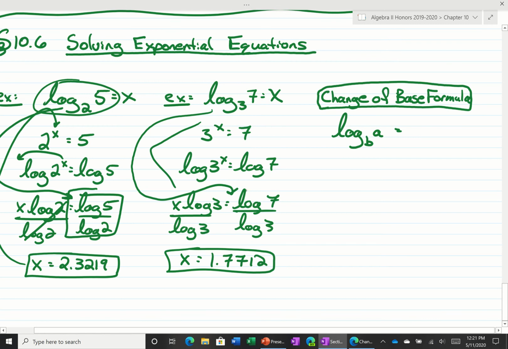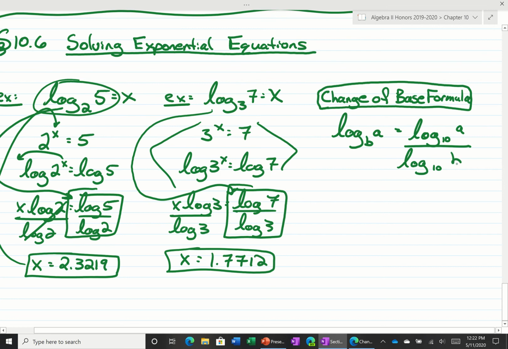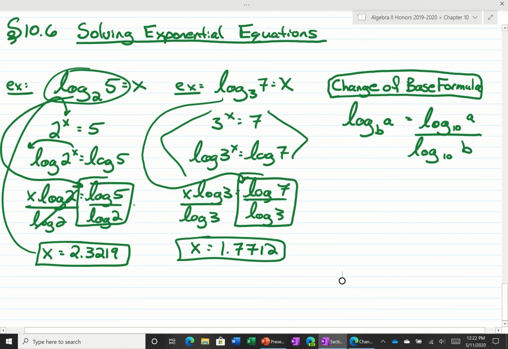Log base 3 of 7 turns into just log of 7 divided by log of 3. Anytime you have a base other than 10, if you want, you could skip these middle steps and just do the log base 10 of A divided by log base 10 of B. It works every time, and it just saves us a few steps. You could see that's pretty much what we're doing here. It's the same thing. We're just skipping those middle steps. Or you could use the translation property, and you don't have to use that formula. It's not necessary to use that formula.